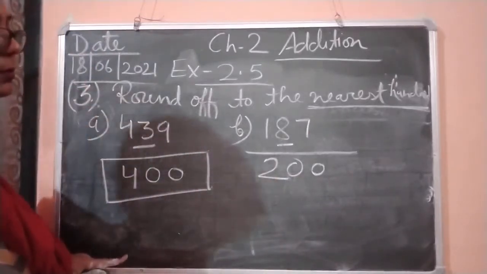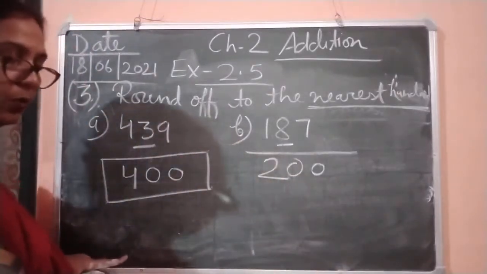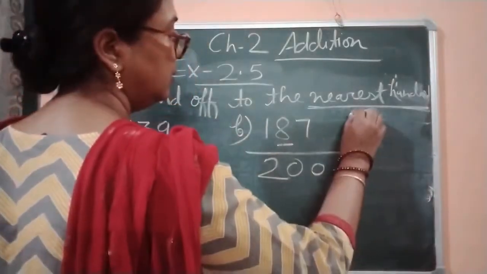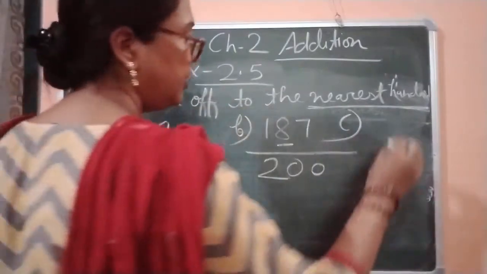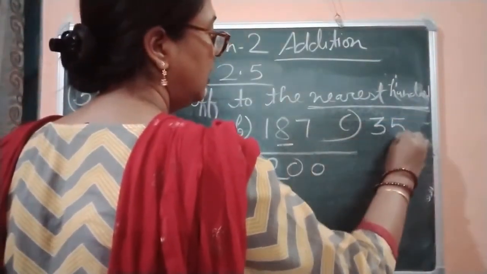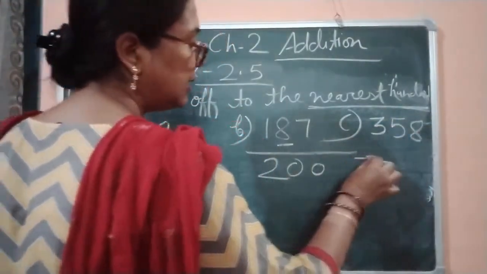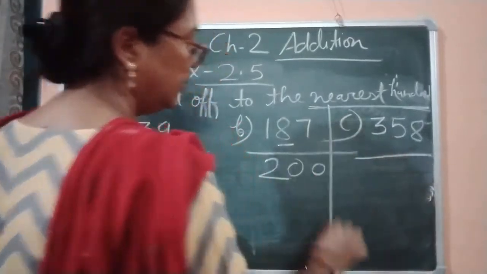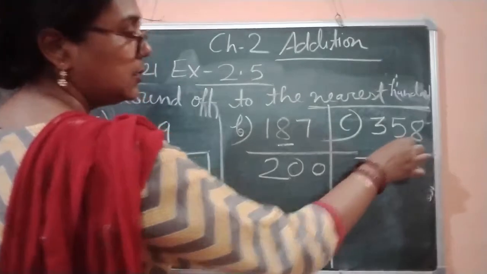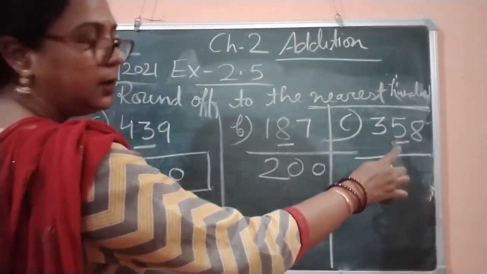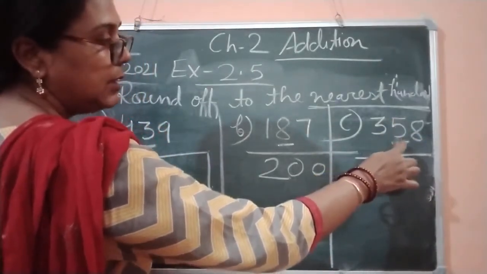Write it down. And after that we will do C. C is 358. Again you can see that there is a strong number at the tens place.